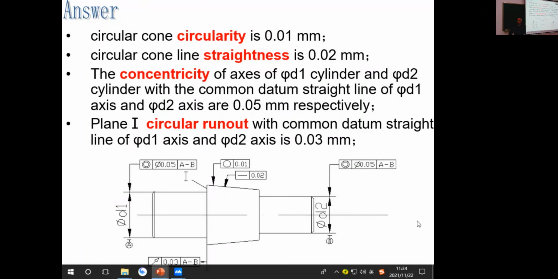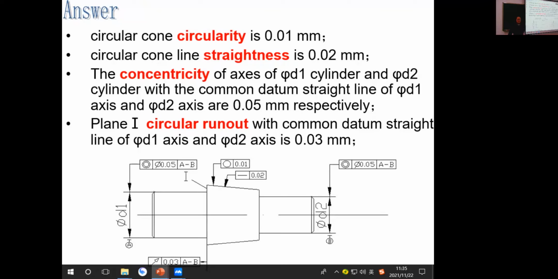Oh, circle. Okay. Please see the black. Please see the not black.